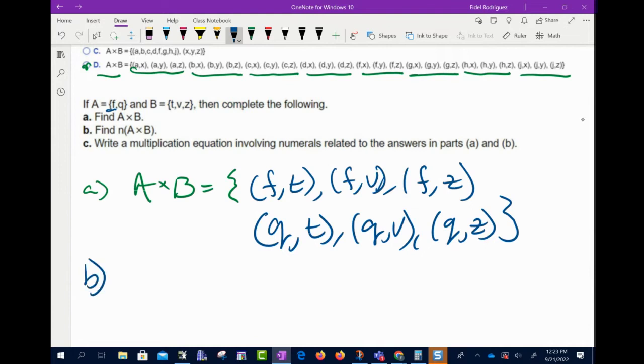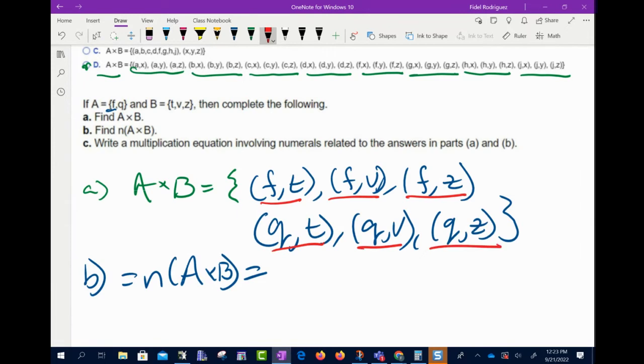Now, part B says, how many elements do we have in that cross product? Now, remember, y'all, the elements is how many pairs do we have? So everybody agree we have a total of 6 pairs? Okay, and then finally, y'all, part C. Part C says, write a multiplication equation involving numerals related to the answers in parts A and B. Okay, so we want to see how could we know that we're going to have 6 pairs just based on how many elements A has and how many elements B has.